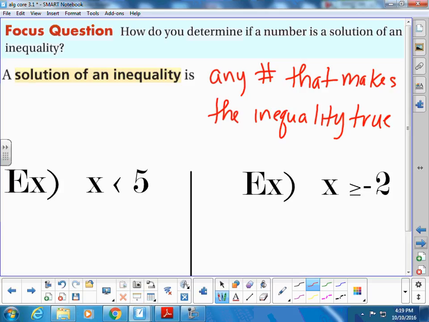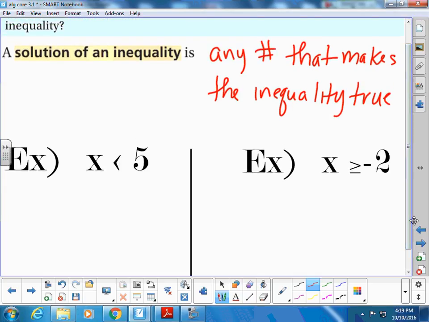So, for example, x is less than 5. An answer to that would be anything that's less than 5. So 4 is an answer because 4 is less than 5. How about -5? That's an answer because -5 is less than 5. So it's any number that's less than 5. It's unlimited the numbers that we could come up with.